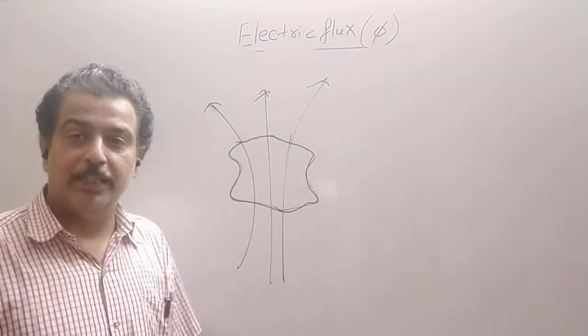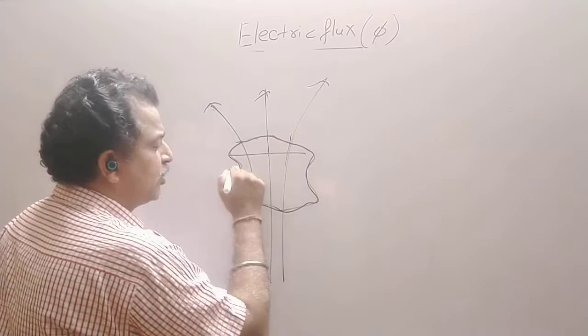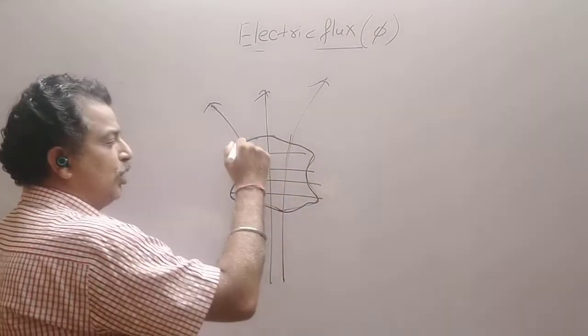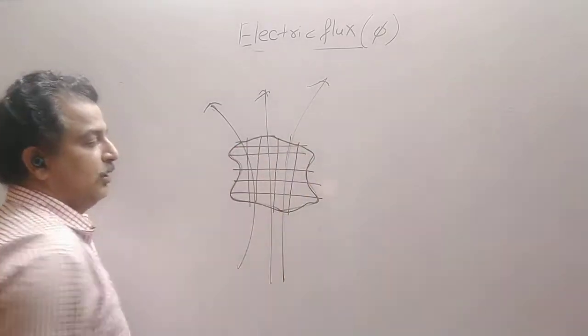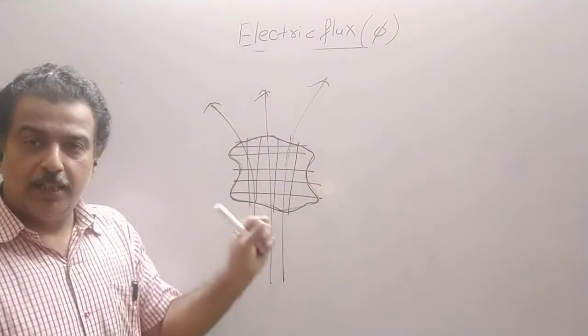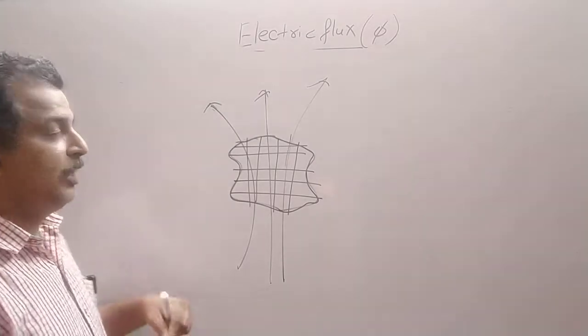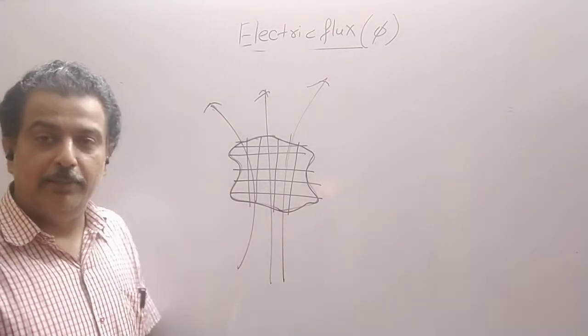So the first step is to divide the entire surface into small elements. These are the small surface elements. You consider any one element, which we have referred to as an area element earlier also.